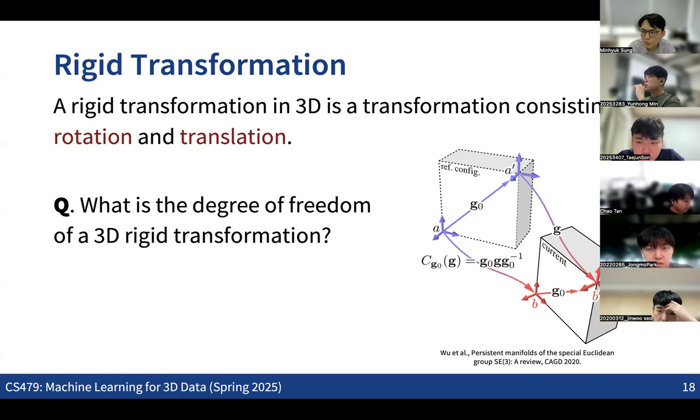We basically need three numbers for the translation: X, Y, Z. For the rotation, we couldn't have the time to discuss the representations, but there are a bunch of ways to represent 3D rotations. Typically we can represent a 3D rotation with at least three numbers. So 3 plus 3, the degree of freedom for the rigid transformation is 6. We need 6 parameters to represent a rigid transformation.